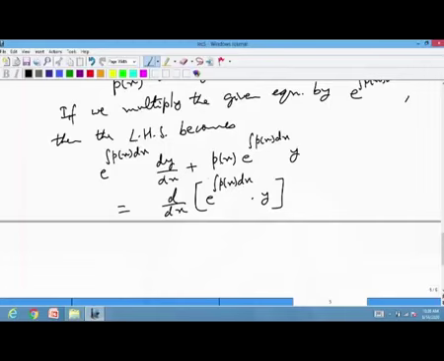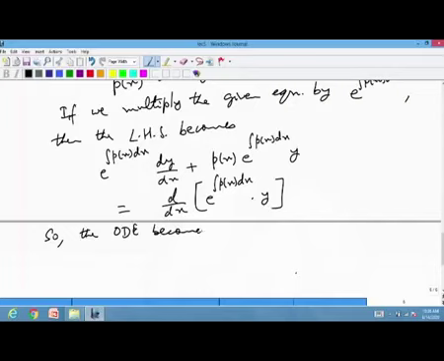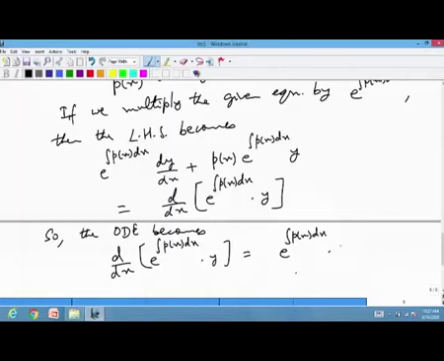So, now the ODE becomes d by dx of e to the power integral p x dx times y is equal to e to the integral p x dx times g of x.